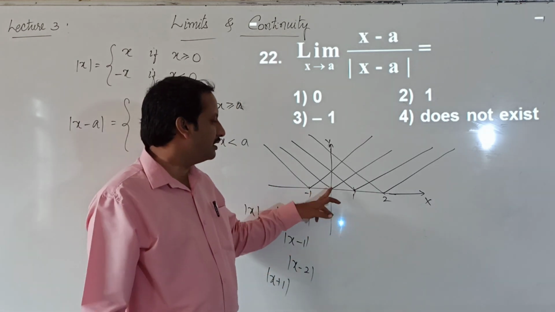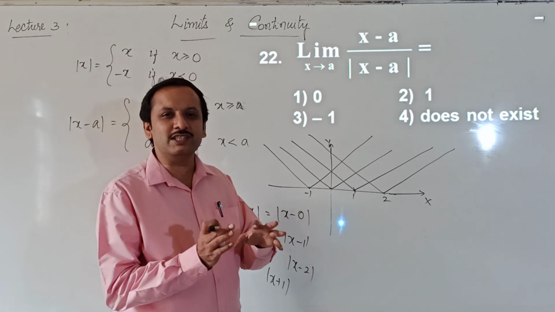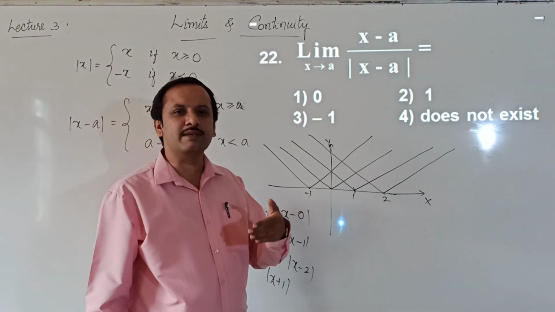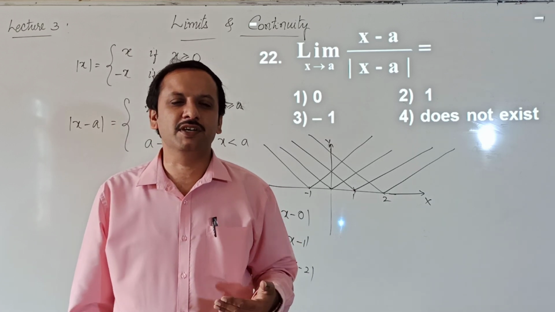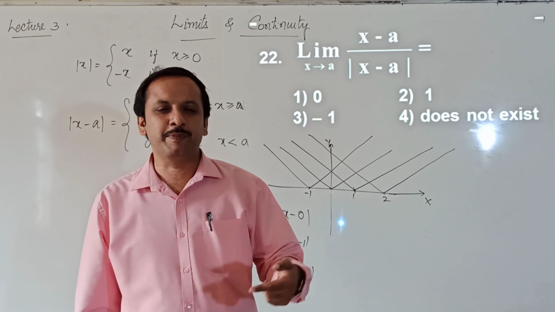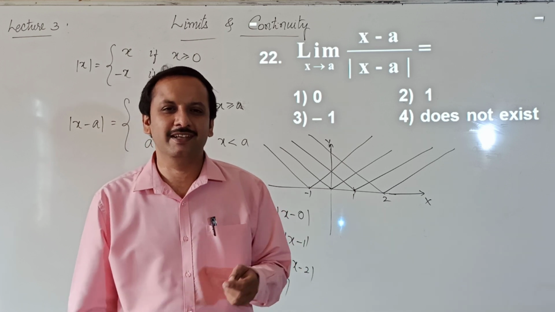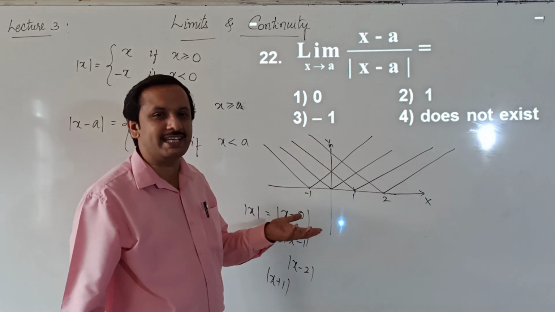As you can observe, this mod x has a sharp edge at 0. So this is not a theory, that is how you understand. Okay? So if somebody asks you tomorrow, when do you say that a function is not differentiable, at which point it is not differentiable, don't say that if there is a sharp edge, then that sharp edge is not differentiable. Okay? That's not the definition. Definition you know. So that's how you can easily understand that.